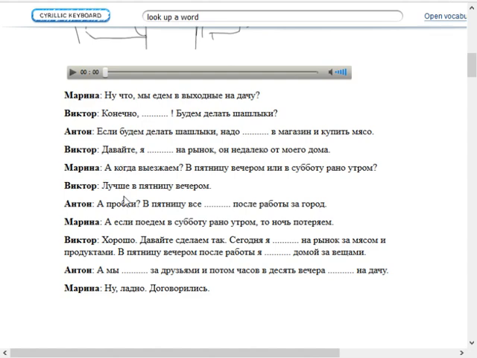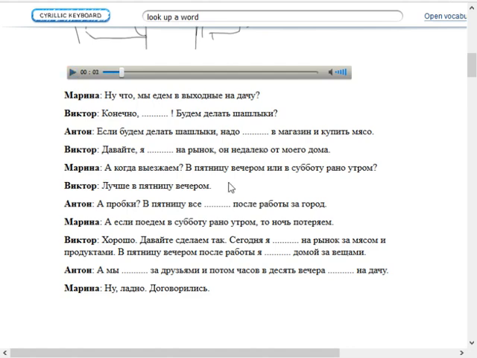Okay. All right. So they're making plans about what they're going to do on the weekend. So Marina asks, Ну что, мы едем в выходные на дачу? "Ну что?" Something like, well then. Мы едем, are we driving, she's asking a question, в выходные, on the weekend, на дачу, to the dacha, which, you know, is one of those Russian summer houses.